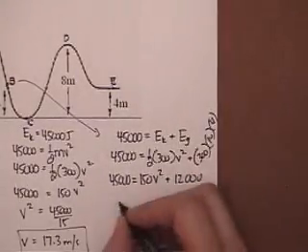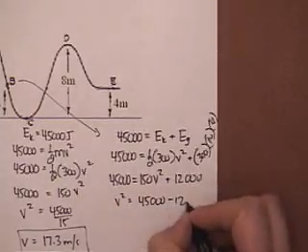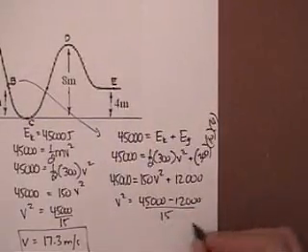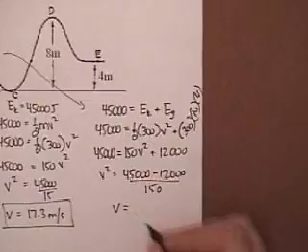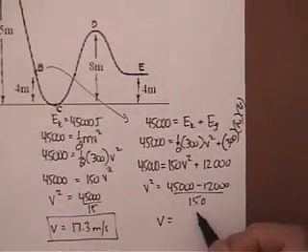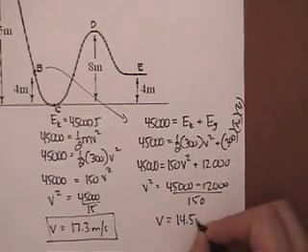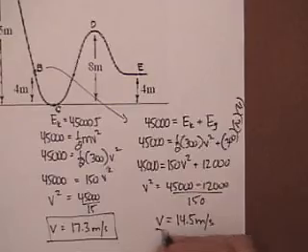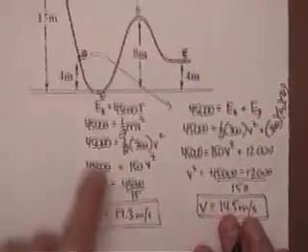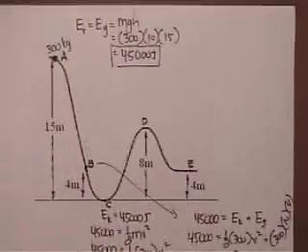So v squared equals 45,000 subtract 12,000, divided by 150. When all is said and done, my velocity there at point B is 14.5 meters per second. Okay? That makes total sense. If at the bottom I'm going 17, then just a little bit above the bottom I should be going less than 17.